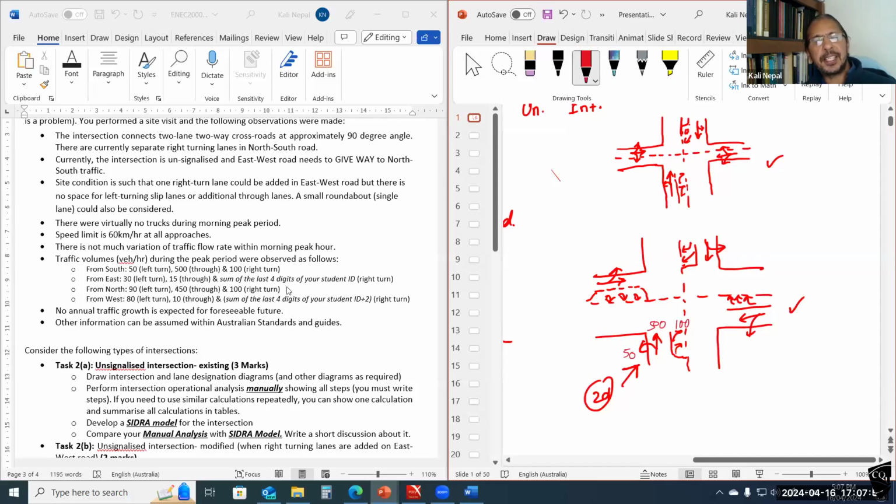From the east, 30 left turn, 15 through, and right turn based on your student ID. Let's say you got 5, just in case. Similarly, you can fill in the rest, because volume doesn't change based on the intersection configuration. Is that clear now?